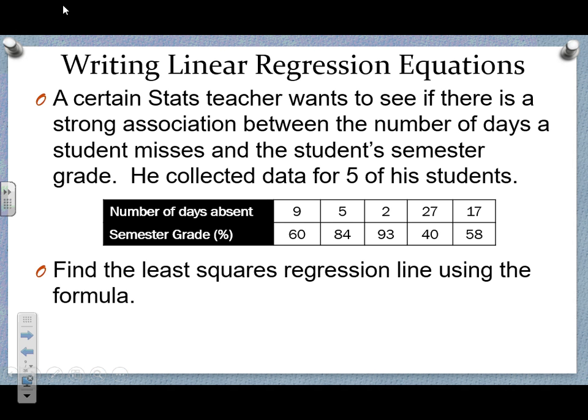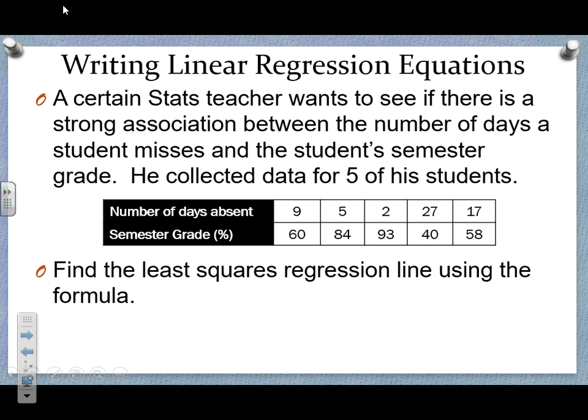The 2 bar stats, list x bar, y bar, sx, sy. Next thing I would do is go to linreg and get my correlation constant. So when I have my correlation, then I can plug into my formulas, get slope, get y-intercept, put it together to make an equation, right? So you guys are okay with that process?